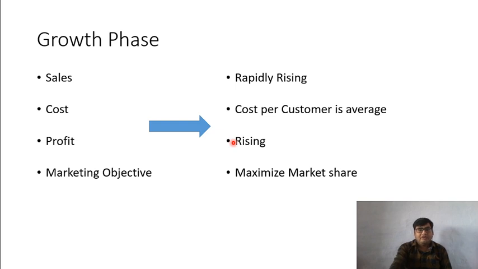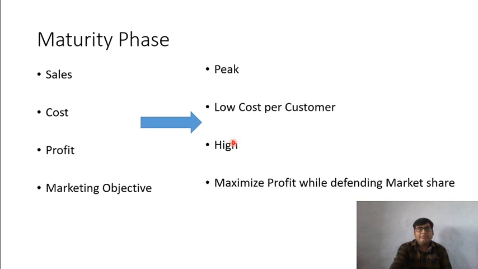After some time the maturity phase will start. In the maturity phase, sales are at peak. Cost will be low per customer and profit will be high. And what will be the marketing objective? The marketing objective will be to maximize the profit while defending the market share.